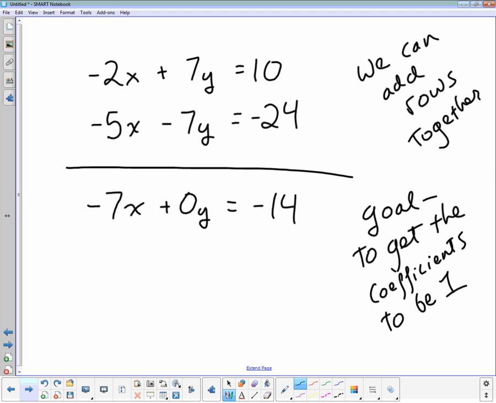But I don't want it to be 1x plus 1y equaling something, right? Because that doesn't help me. I really want a 1 for x, and then later on, you could do substitution, right? And then you would want to get just 1y. So this is a great thing. This is very good.